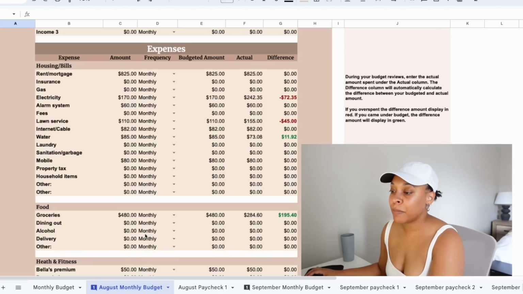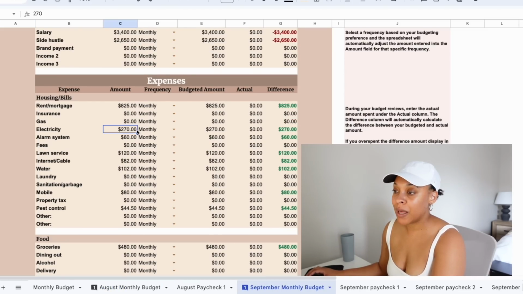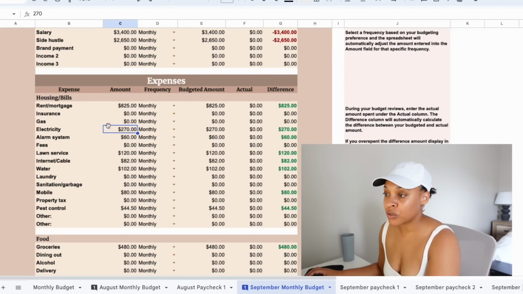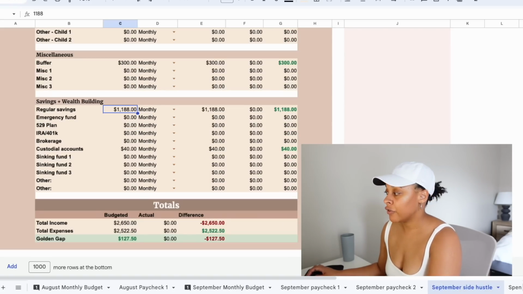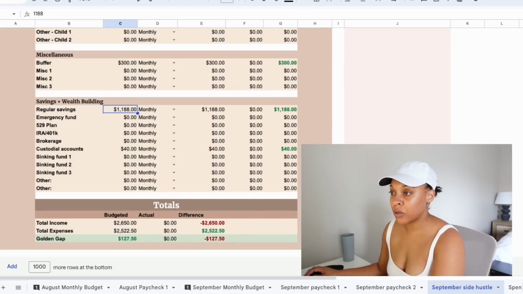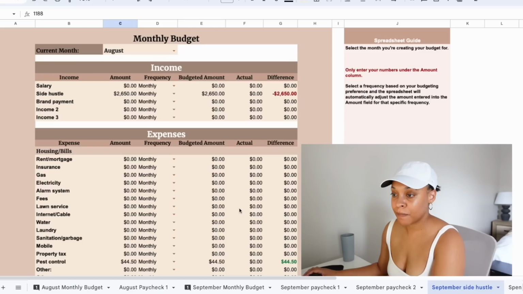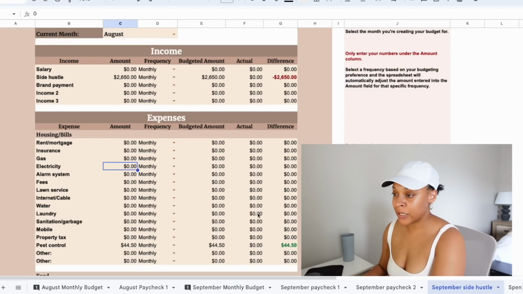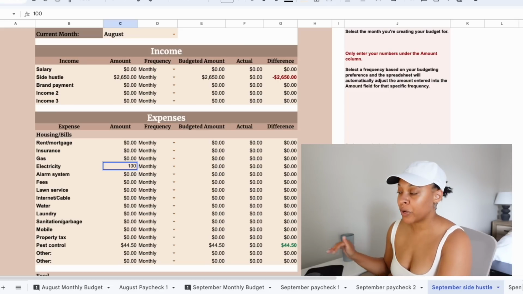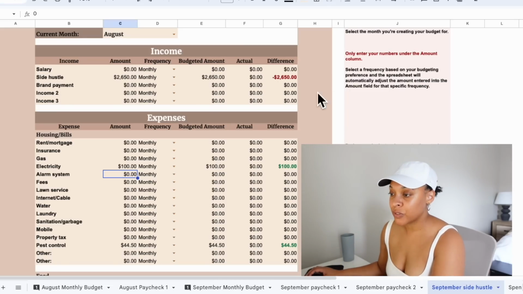And so typically I budget for $170. Now it's $270. So it's $100 over what I typically budget for. So I'm going to pull the additional $100 from my side hustle pay, and hopefully it continues to go down as the weather cools off. So I know I need $100 here.